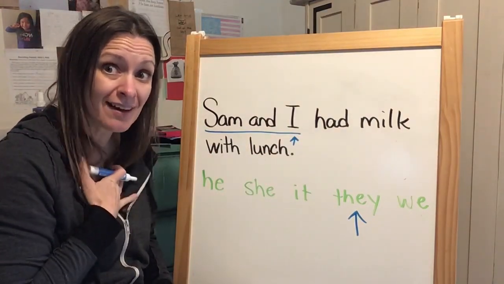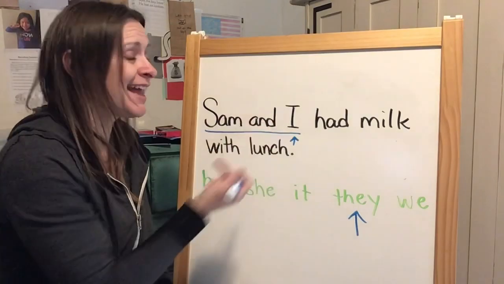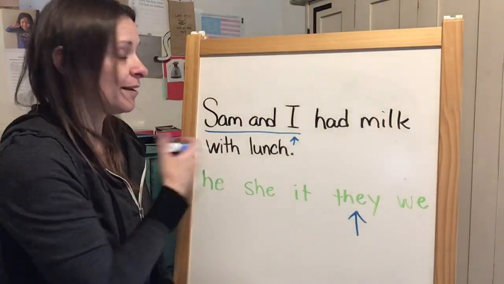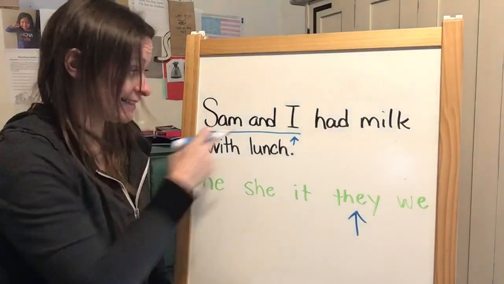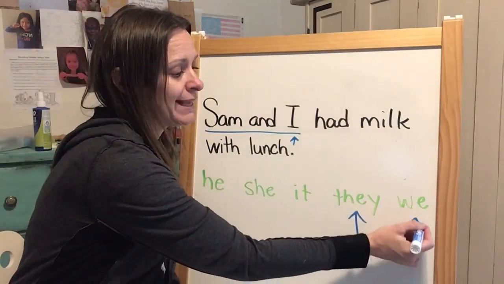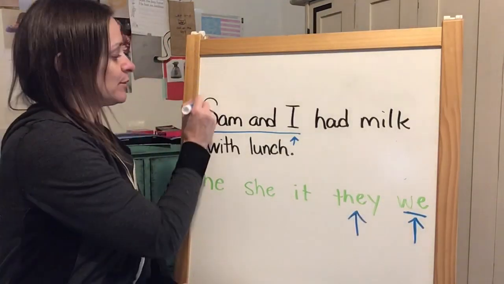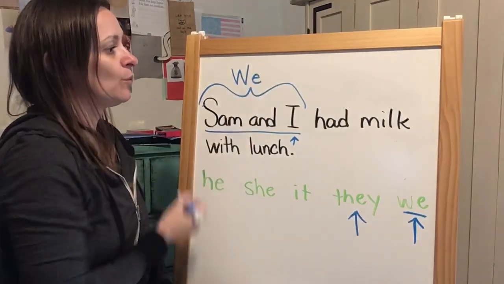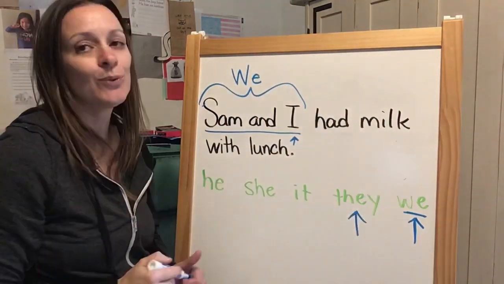Or we're talking about us. So we can't say they because that means somebody else. We're talking about, we're in this sentence, I, Sam and I. So it would be we. So we would replace Sam and I with the pronoun we. We had milk with lunch.